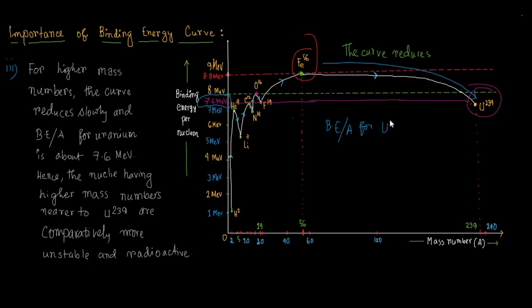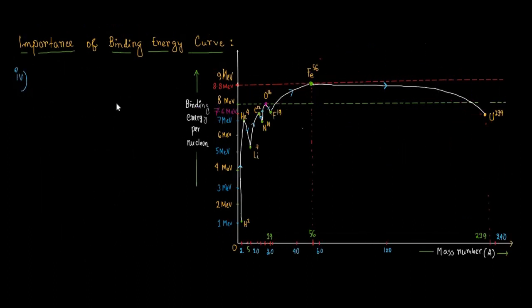If we denote this region around uranium 239, the nuclei or elements will be unstable and radioactive. In this region, elements having mass number nearer to uranium 239 are more unstable.